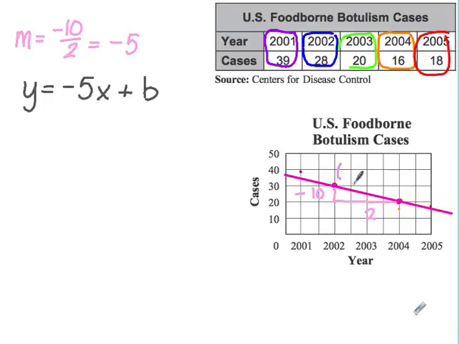The coordinates of that point are 2002, 30. So I'm going to plug in 2002 for x and 30 for y. So I've got 30 equals negative 5 times 2002 plus b.